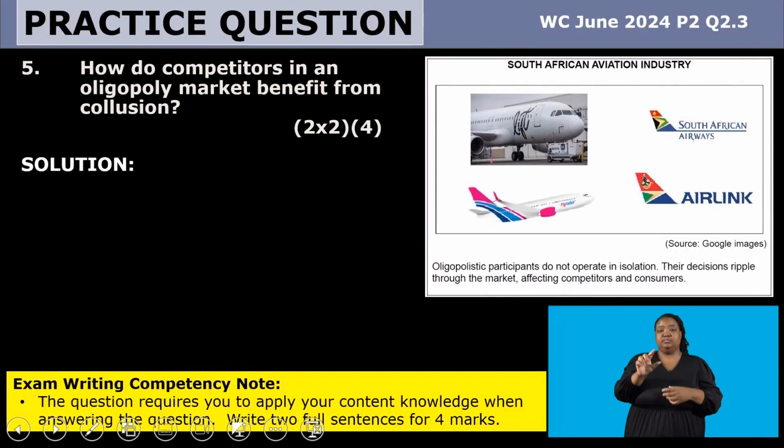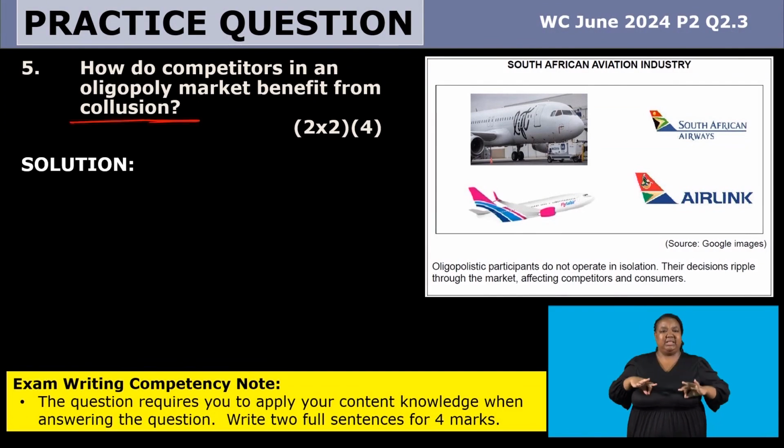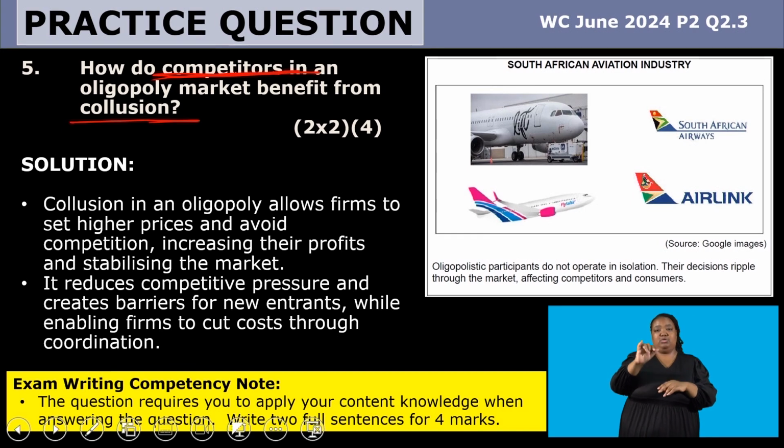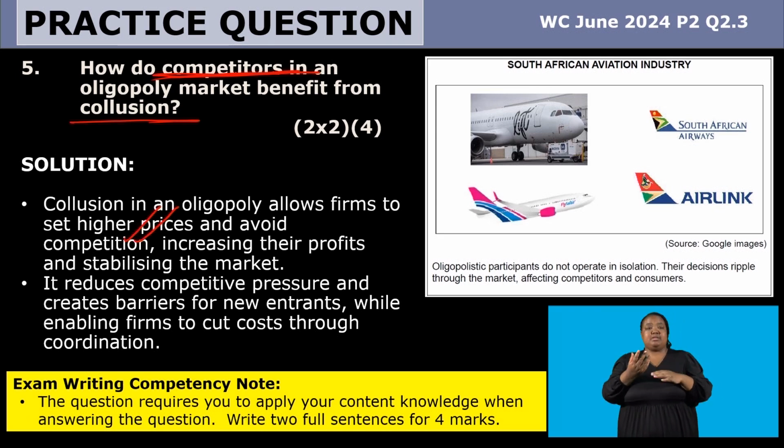How do competitors in an oligopoly market benefit from collusion? And we are talking about benefits to the competitors themselves. Collusion in an oligopoly allows firms to set higher prices and avoid competition, increasing their profits and stabilizing the market.